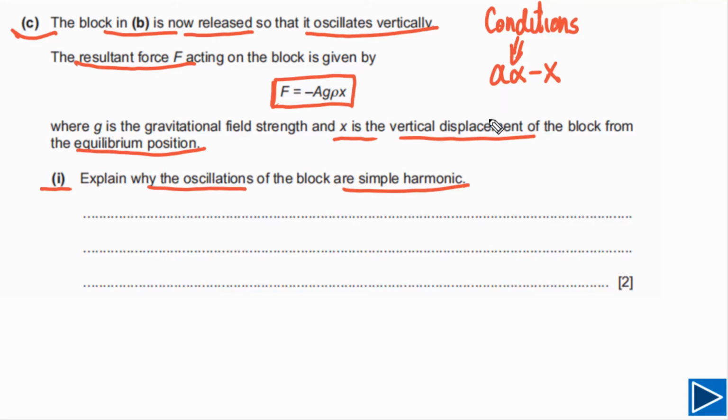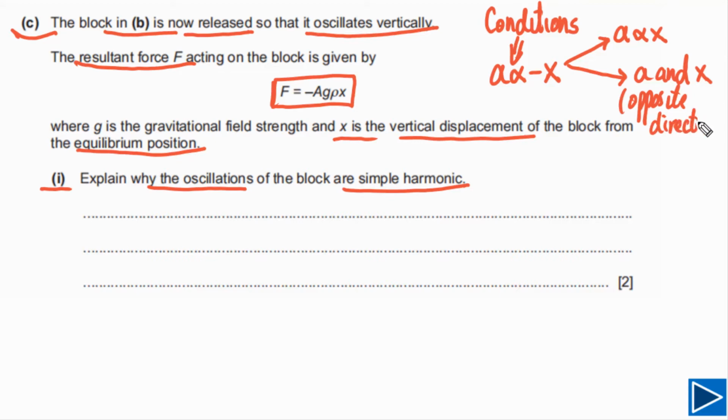First condition: acceleration has to be directly proportional to displacement. The second condition is that a and x have to be in opposite directions, meaning when a is positive, x has to be negative, and vice versa.